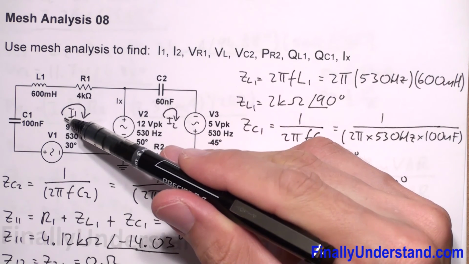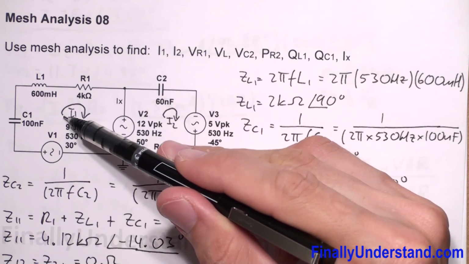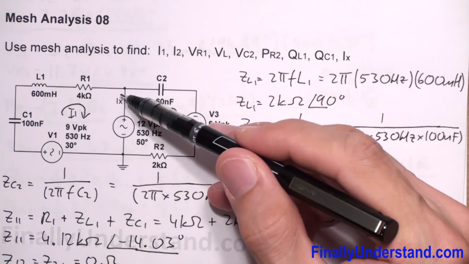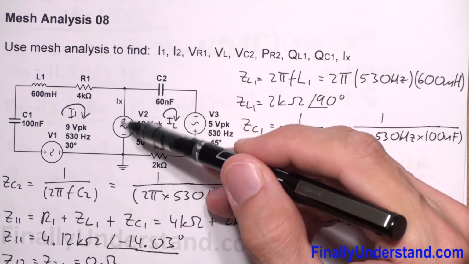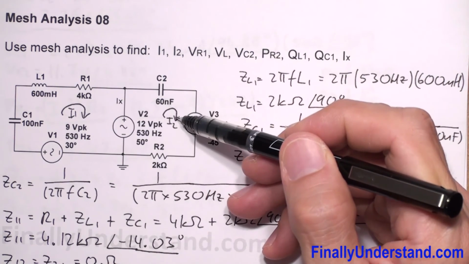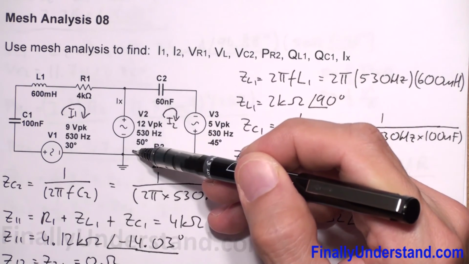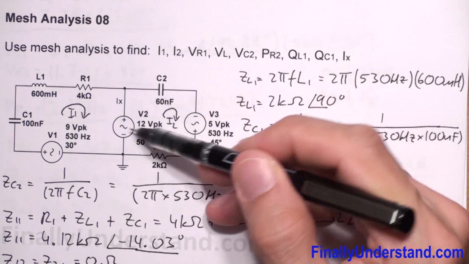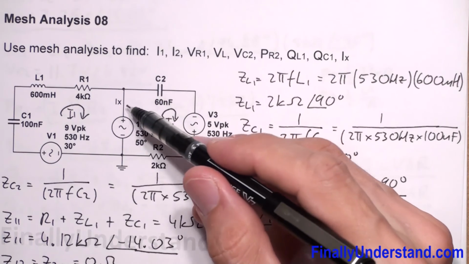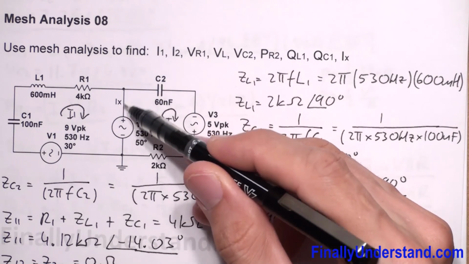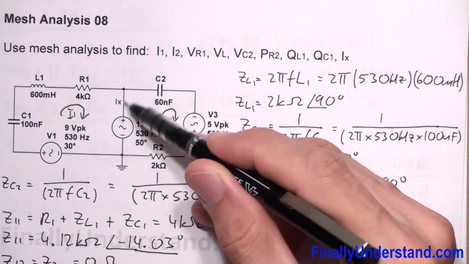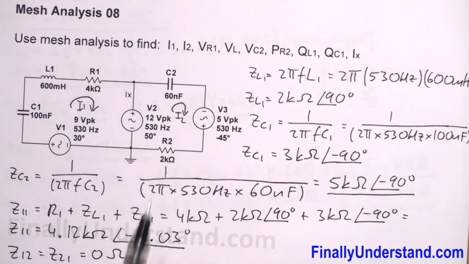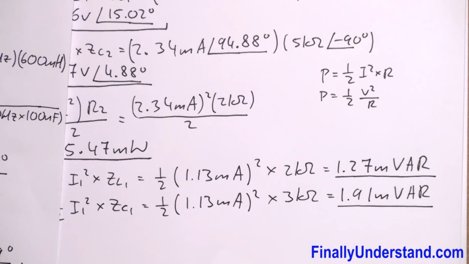This current I1 flows clockwise and is going to approach this part of the circuit from the top, and this one is going to flow from the bottom up. So they're going to oppose each other. So in order to find the current going through this wire, this connection, we're supposed to simply subtract them.